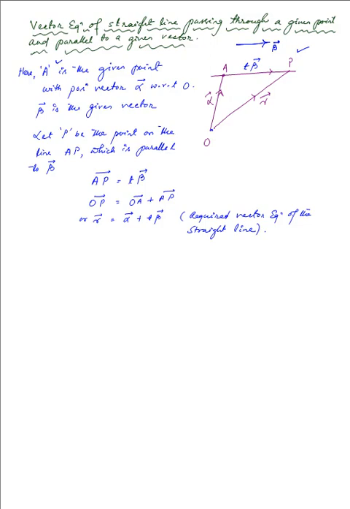Now it becomes pretty straightforward, where we have the OP, which is the position vector of the point P, that is equal to the vector sum of the vectors OA and AP following the triangle law, and therefore we have the required vector equation of the straight line which passes through the point A and is also parallel to the given vector beta.